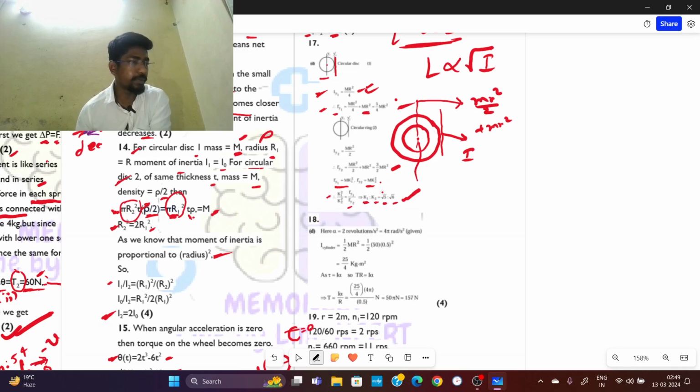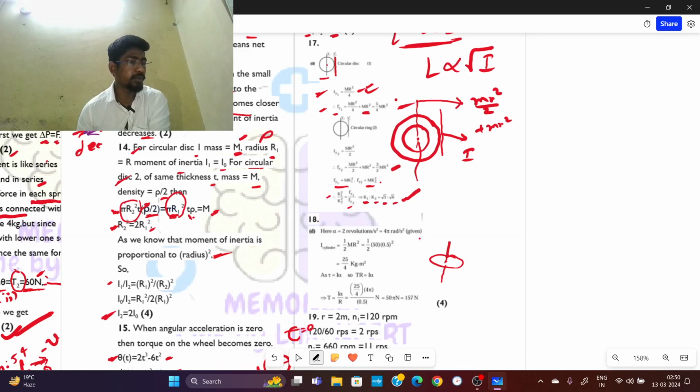A solid cylinder of mass 50 kg and radius 0.5 meter is free to rotate about a horizontal axis, like this. A massless string is wound round the cylinder with one end attached to it and the other hanging freely.